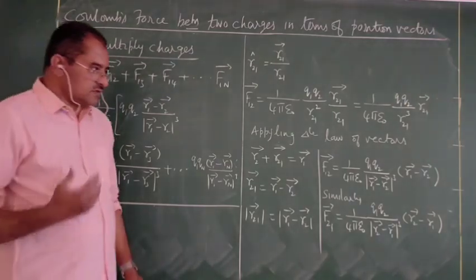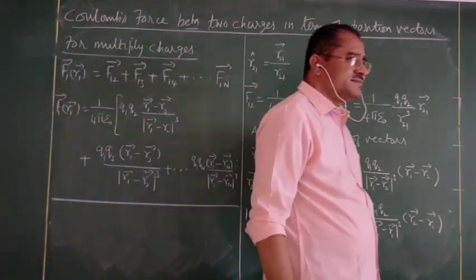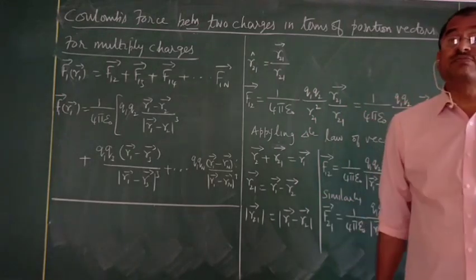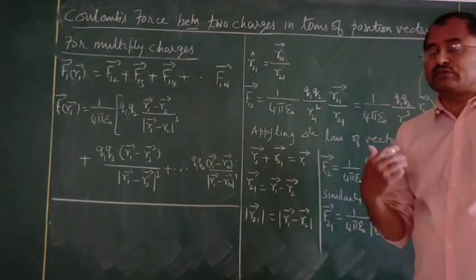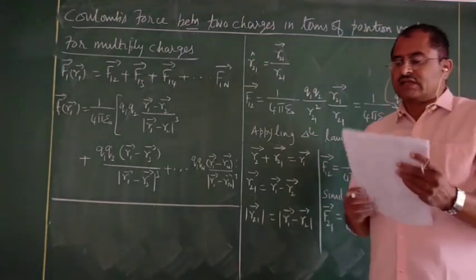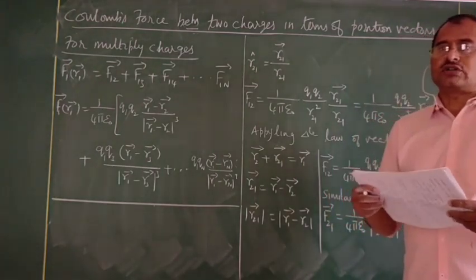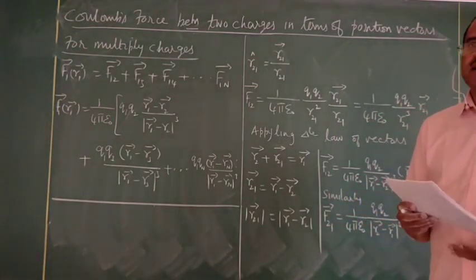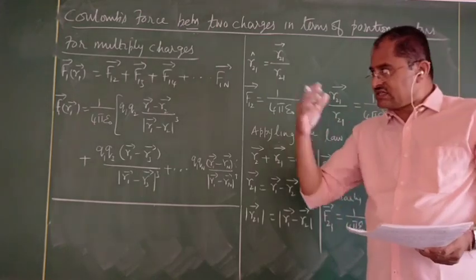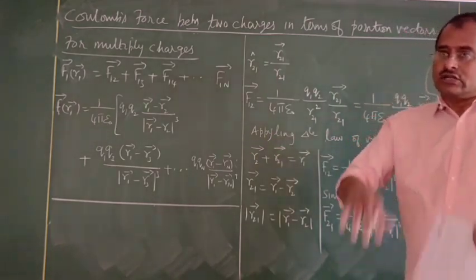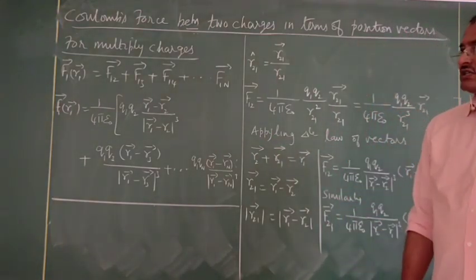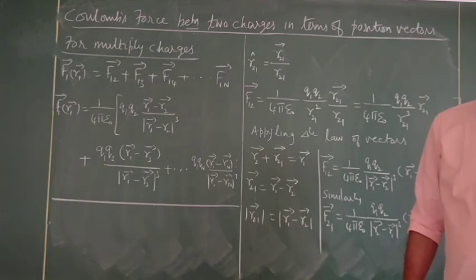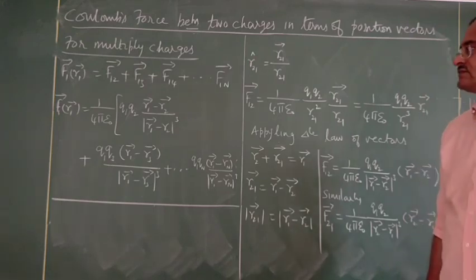So this is nothing but the principle of superposition, to find the total force acting on a particular charge, in this case Q1, due to the rest of the charges, Q2, Q3, Qn.